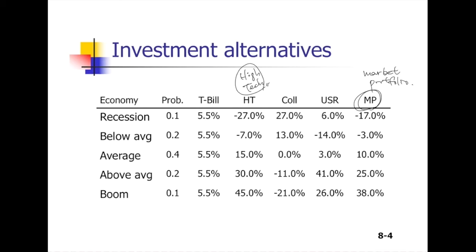As you can see, the high-tech company's stock return moves with the market portfolio. So if the economic conditions boom, it has a higher expected rate of return. In the opposite case, if the economic condition is very bad, it has a negative expected rate of return. It moves the same as the market portfolio, right?